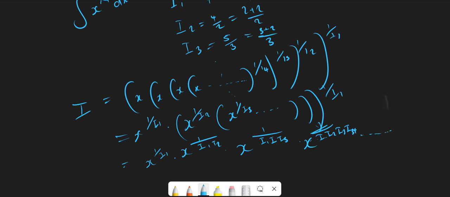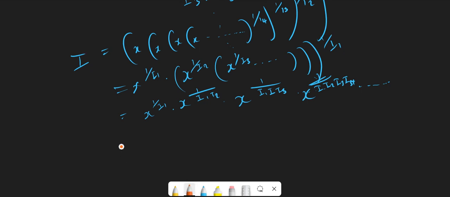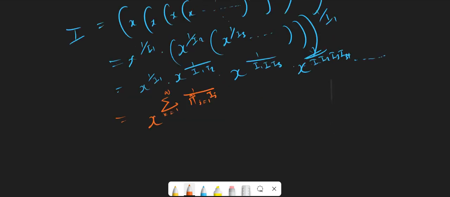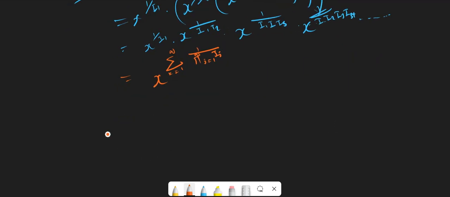So the general pattern here is that x is raised to the sum as k runs from 1 to infinity of 1 over the product as j runs from 1 to infinity of I sub j. Now let's first find the product here.